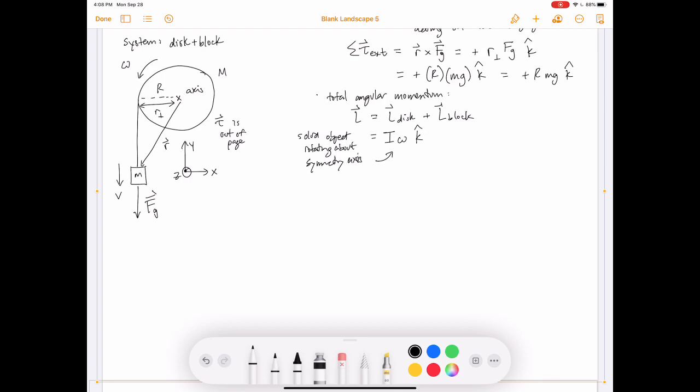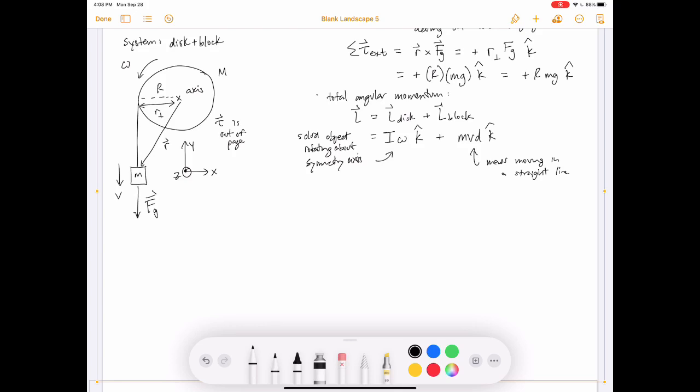As for the angular momentum of the block, we can use mvd, because this is a mass moving in a straight line. So earlier in the lecture, we found that for a mass moving in a straight line, you can write the angular momentum as m times v times d. And by the way, this is also in the z direction.